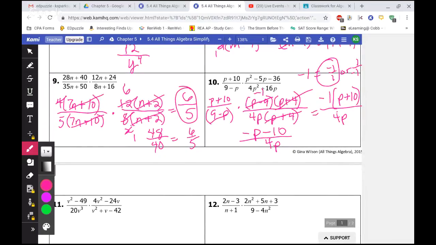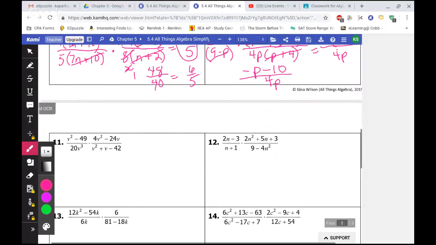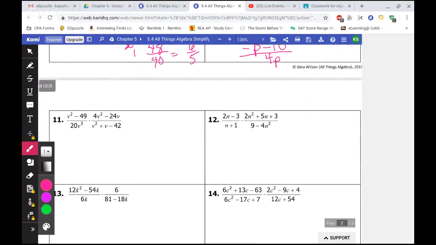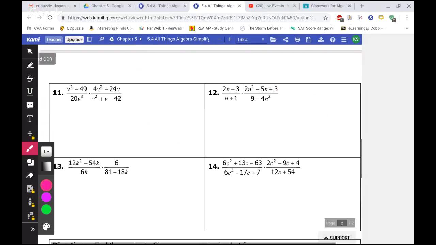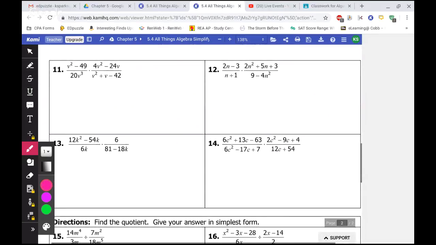All right. Okay, so number 11, just pointing out some factoring patterns right away. This first rational expression, the v squared minus 49, what I want you guys to start recognizing is that is the difference of two squares.